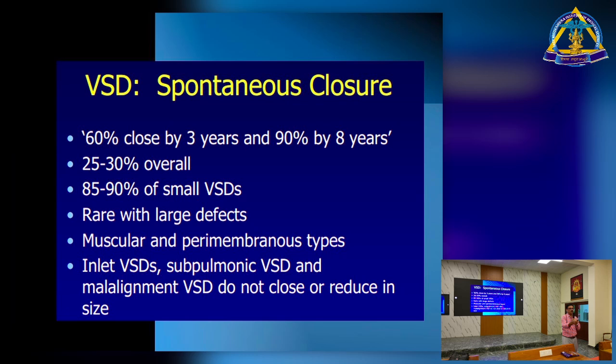That means we do not need to hurry to see a cardiologist. Just say this is a small VSD, it will close. Wait. You are on the watch out for any complications only. But very rarely are large VSDs closing spontaneously. There is a chance, but it is less. So that is the natural history.